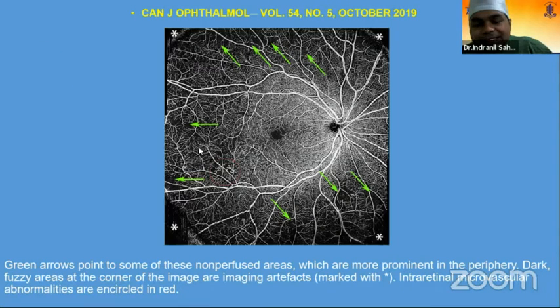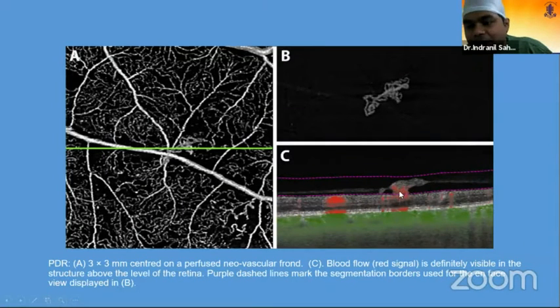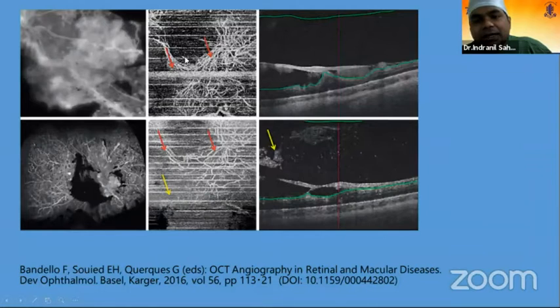This is another section showing a vascular front in a diabetic patient, which is again a segmentation. As Dr. Darayas sir showed in his previous slides, you can see the area of the vascular front showing it to be an active lesion. This is a patient of TRD. This is the pre-anti-VEGF OCT angiogram, and this is after the anti-VEGF was administered.